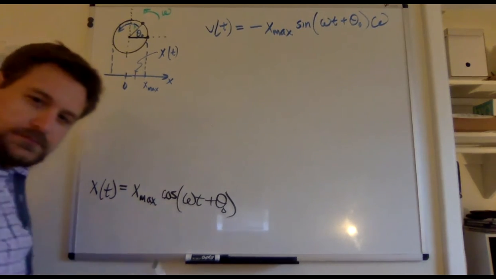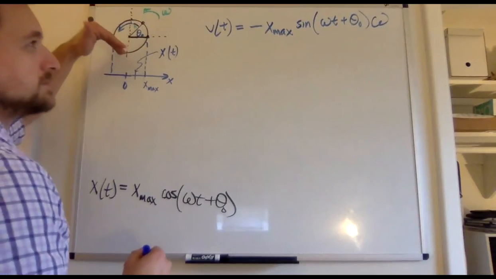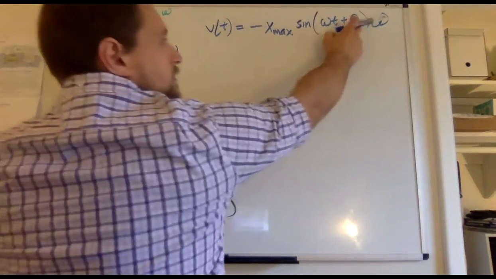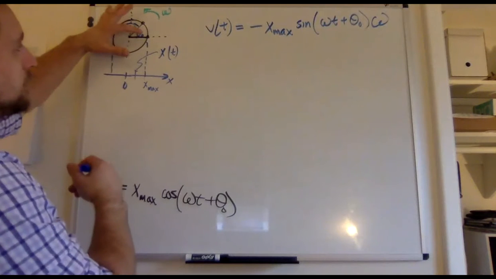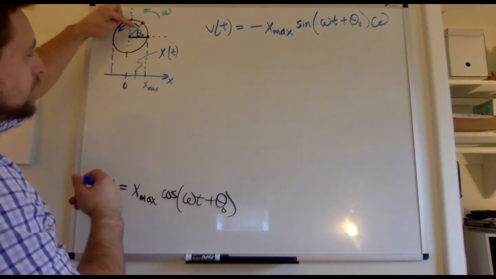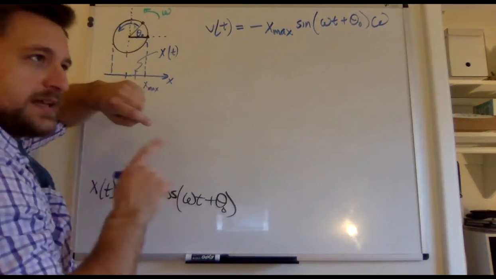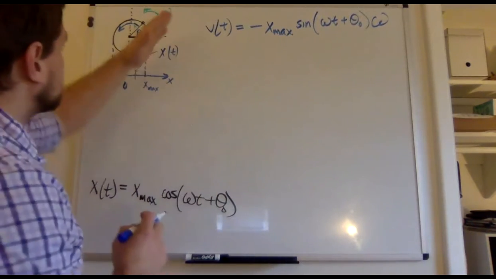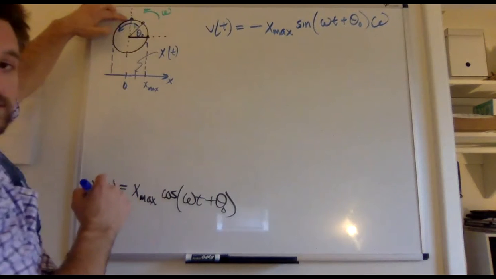Okay, let's interpret that a little bit. Let's say theta 0 is 0, and we start from the x-axis in our rotation here. As we rotate through, let's say that theta, omega t, gets to be 90 degrees. So we're right here at the top of our circle.